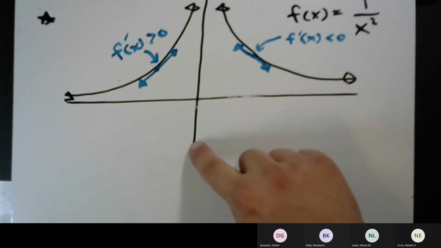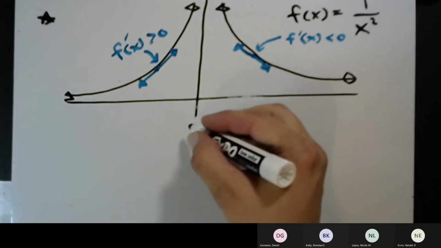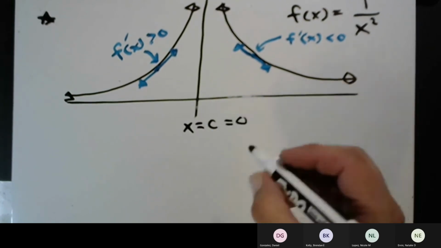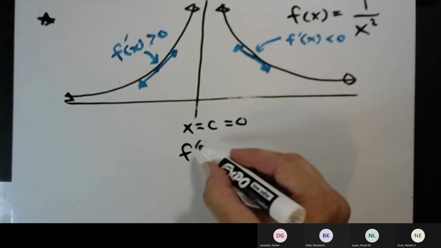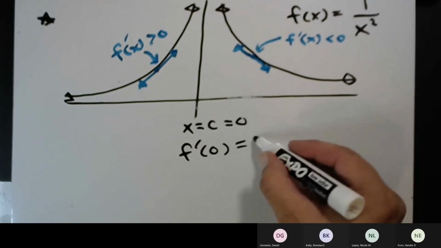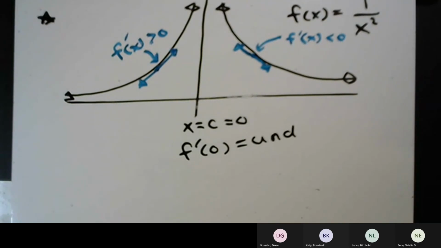Then at x equals c equals 0, f prime of 0 in this case is going to be undefined. So it is a critical point.